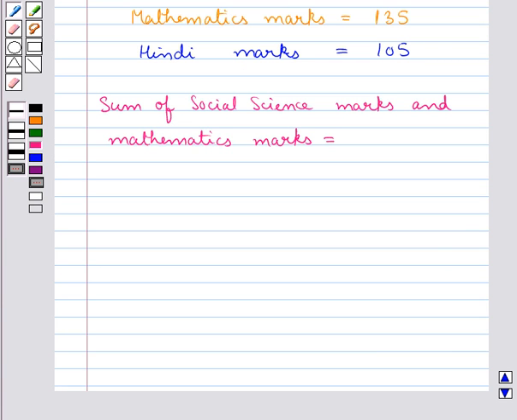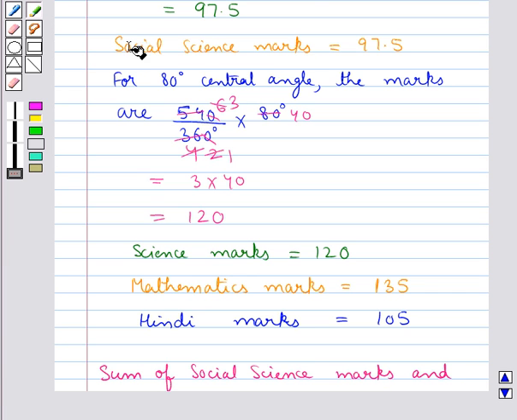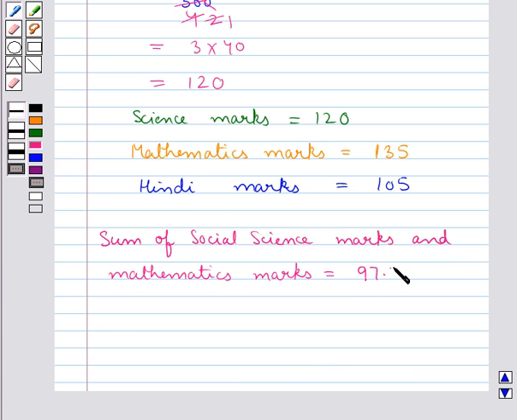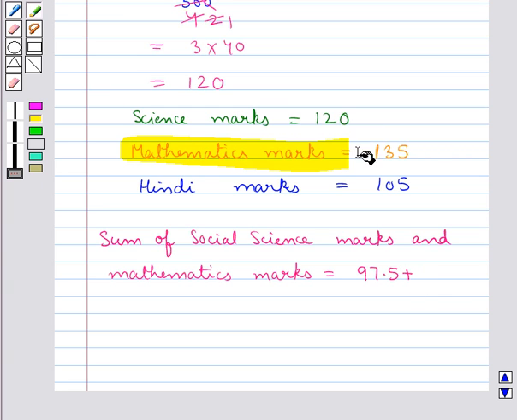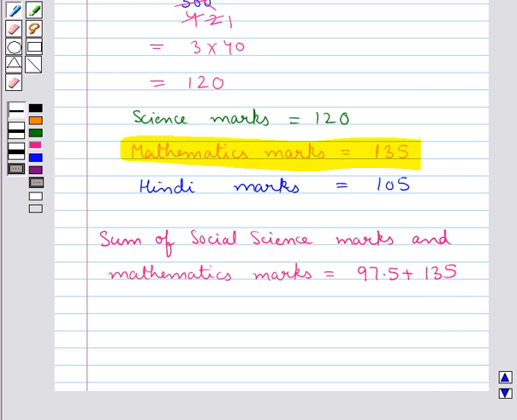We have to find out the sum of social science marks and mathematics marks, and this is equal to 97.5, that is the social science marks, plus mathematics marks, that is 135. This is equal to 232.5.